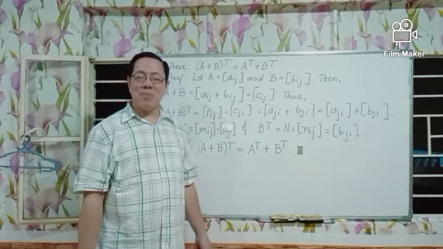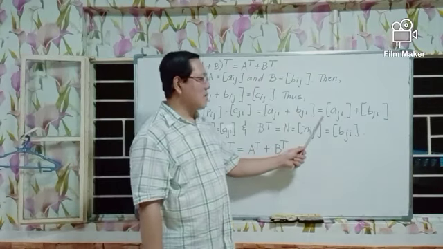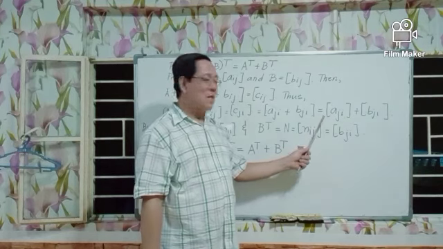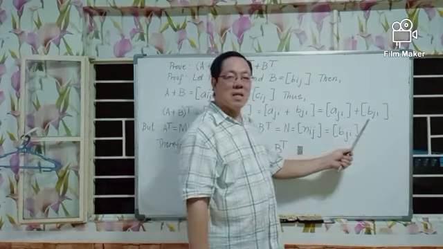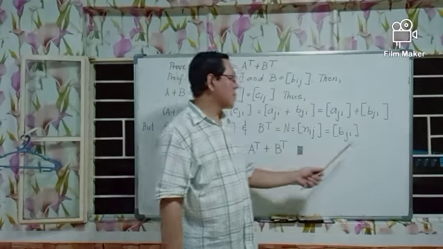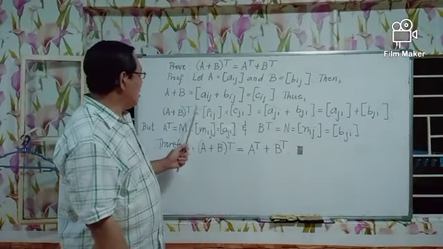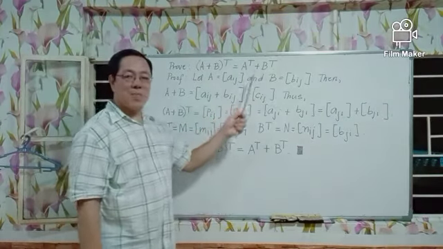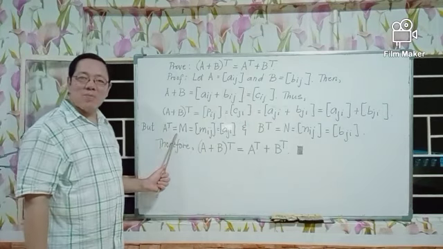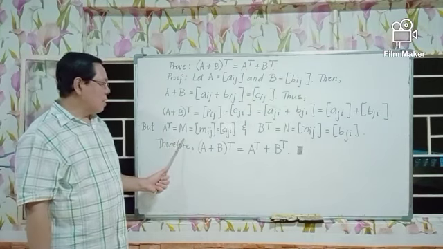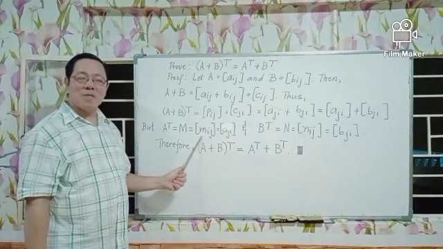But by addition of matrices, we can separate this as the sum of the matrix with entries A sub ji plus the matrix with entries B sub ji. On the other hand, A transpose, if we denote it by matrix capital M, then its entries are denoted by M sub ij.